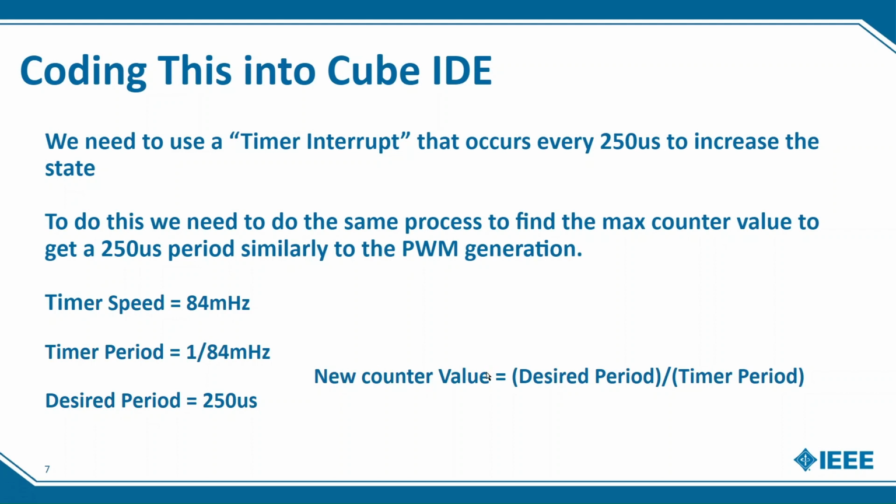Our counter value is how much our counter will count up to get our desired period of 250 microseconds. So we can simply divide our desired period by our timer period. If you do these calculations, I forgot to put it here, but you'll end up with, I believe, 21,000.